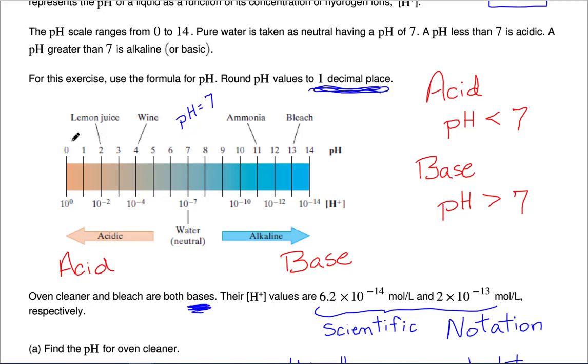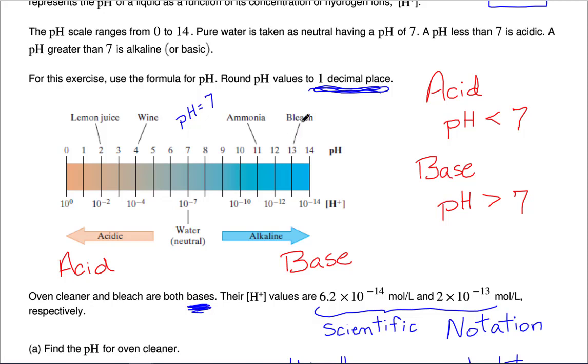Something less than 7, such as wine or coffee or tea or lemon juice, is considered an acid or acidic. If you have a pH greater than 7, this is considered a base or basic, or you'll actually also see the word alkaline. So you have things like ammonia and bleach.